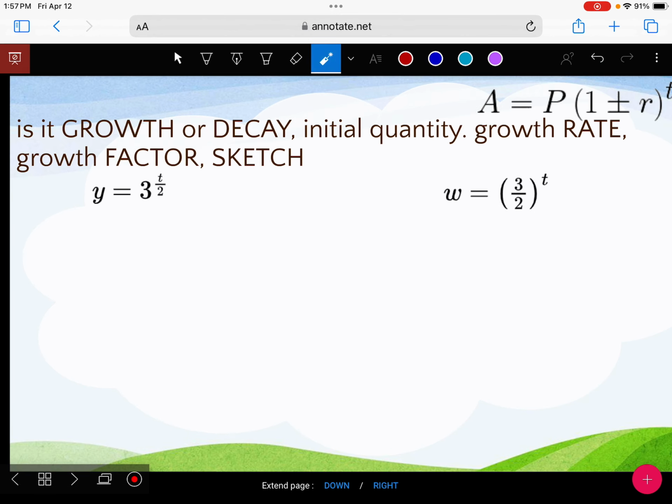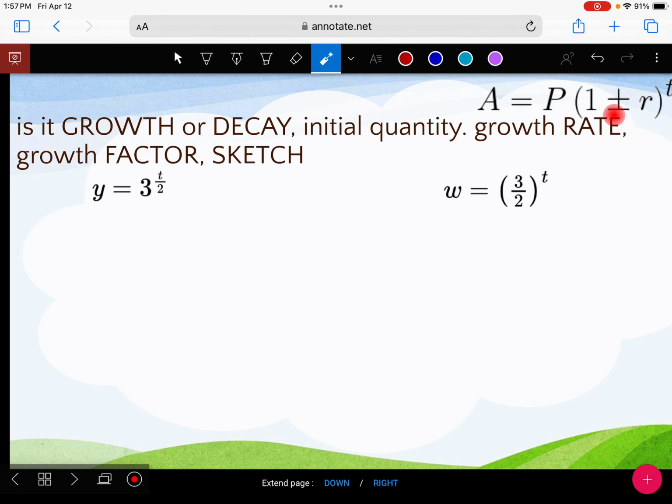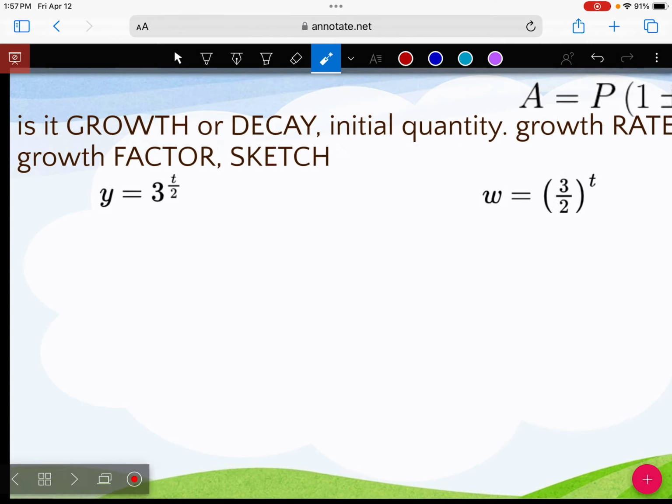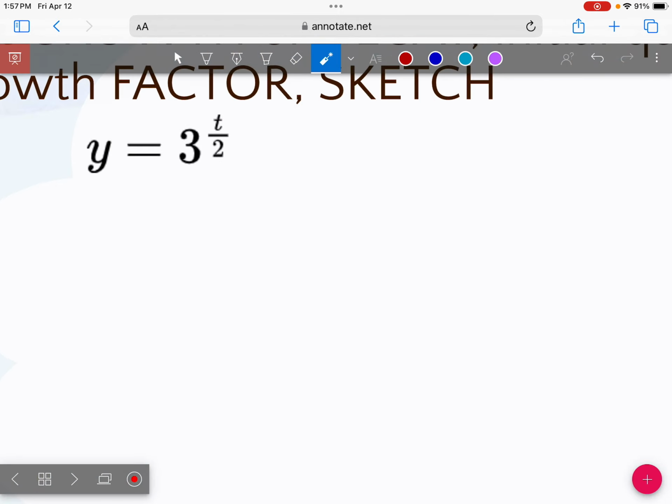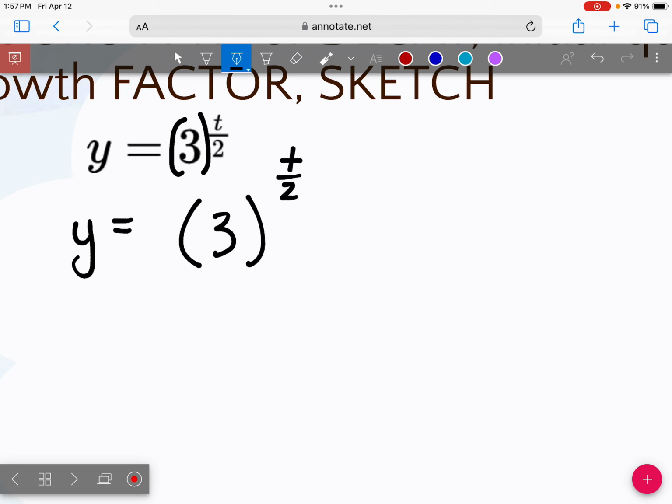It's still one of these. So if it helps, you can rewrite this, because this is the piece with the exponent: 3 to the t over 2.